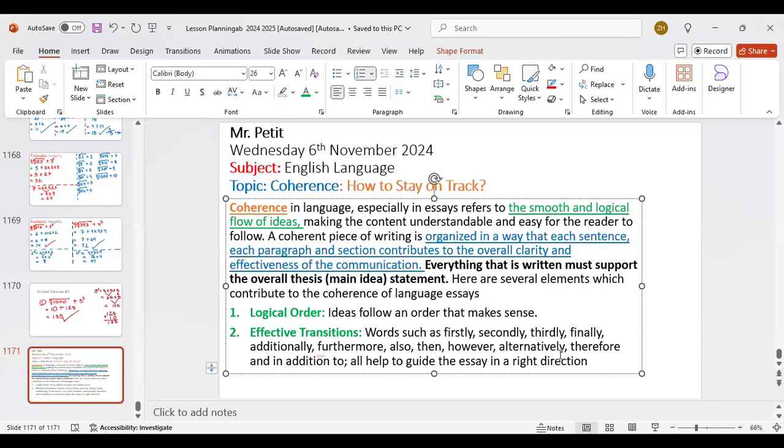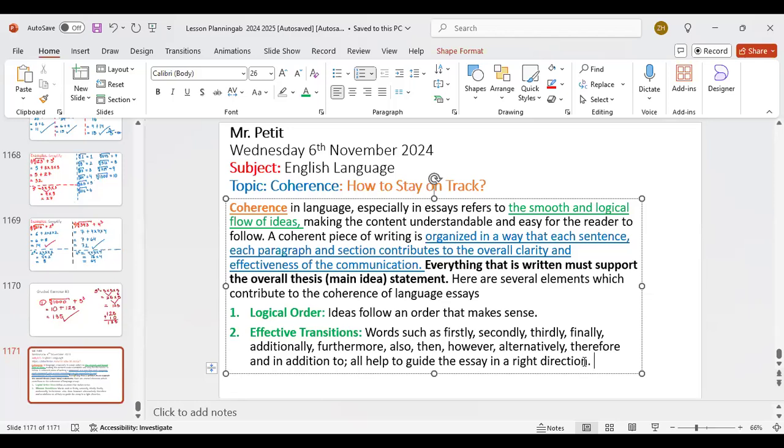Okay. So we have logical order that is helpful in staying on track, and effective transitions, making sure that you have some sort of order, making sure that you are able to weave your way and navigate your way through your ideas and the things in your mind. And make sure that you're able to create a proper message, create proper messaging, right?